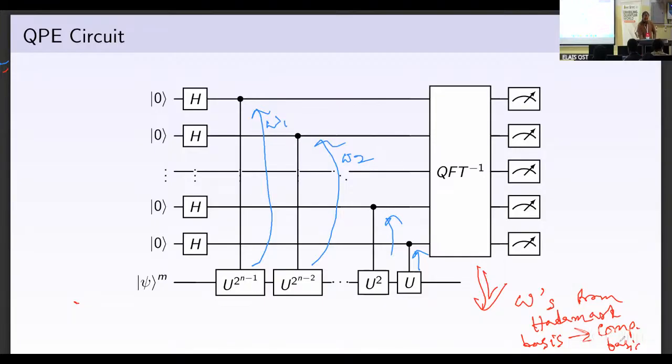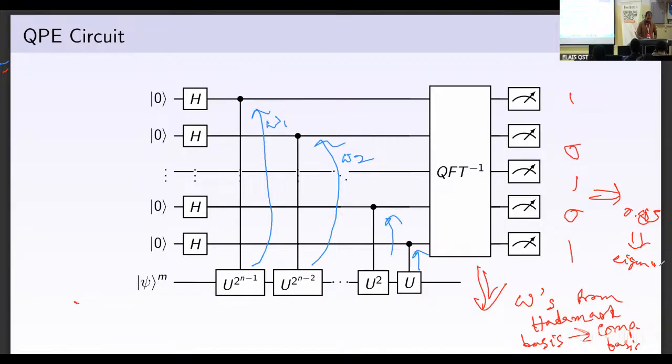Then when we read out, we get the eigenvalues in the computational basis. And so say we are getting here 1, 0, 1, 0, 1, then we can easily transfer it back to the decimal, and the decimal value would be, say, 0.85 or something. This is our required eigenvalue.